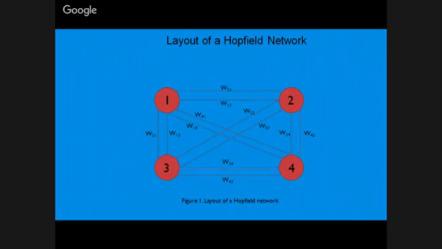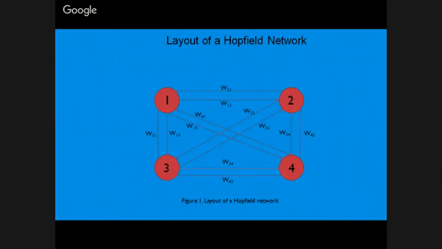And for the activation of each neuron, the first neuron is getting input through weight W21 from neuron 2, through weight W31 from neuron 3, and through weight W41 from neuron 4.